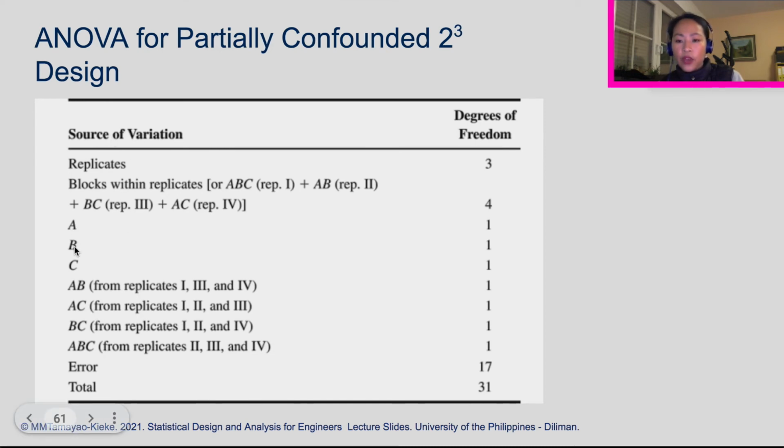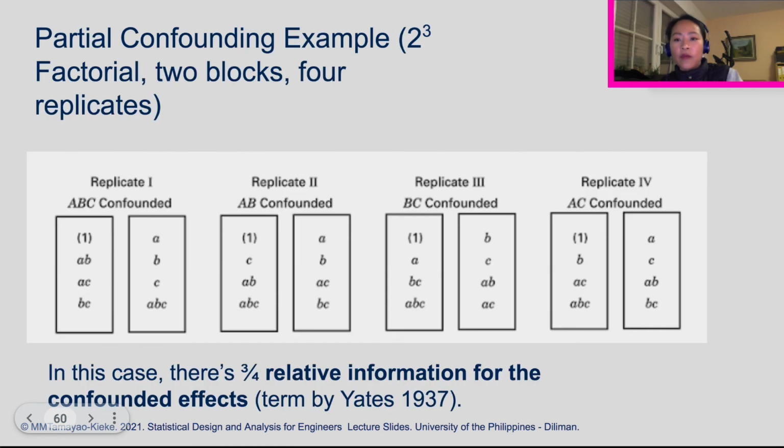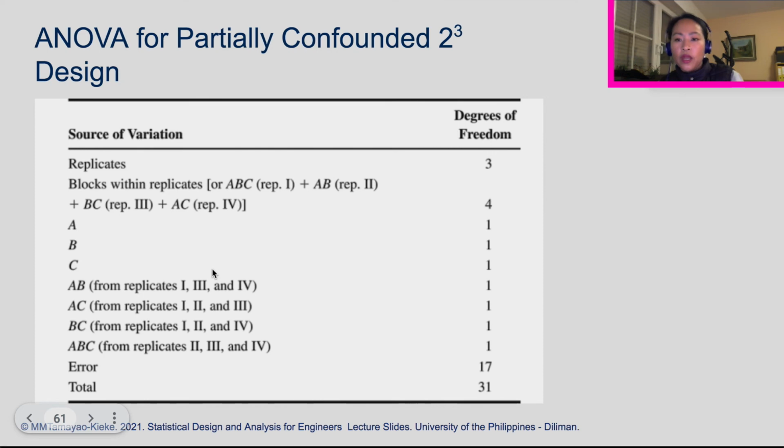Again, you have your main effects and your interactions, and for the interactions, you have to obtain the estimate from the replicates where you did not confound that particular interaction. So for example, for AB, the estimate for this source of variation would be obtained from replicates 1, 3, and 4 because AB was confounded in replicate 2, and so on.